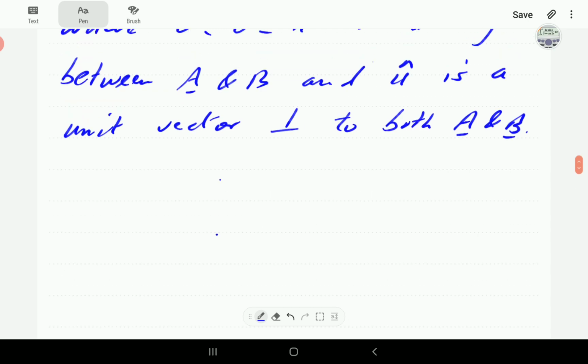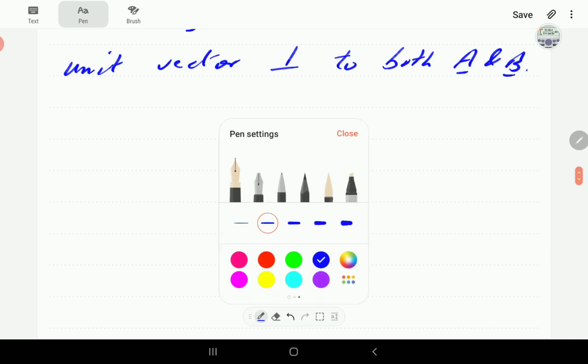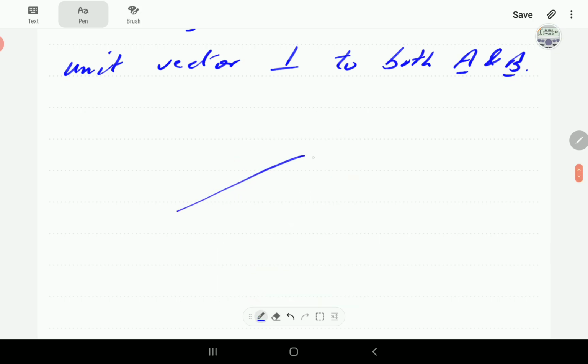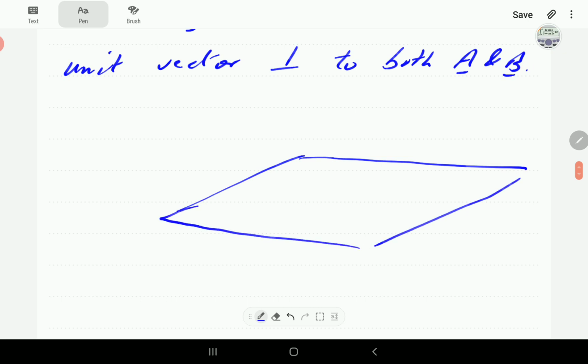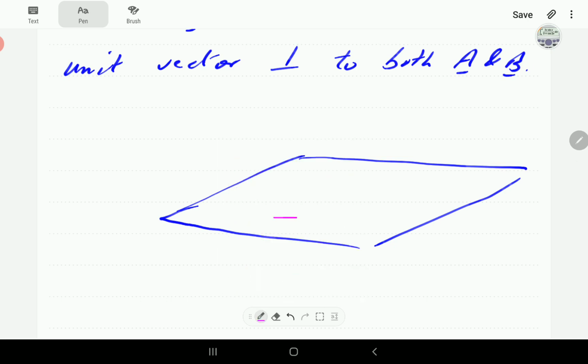A cross product is going to give us a vector perpendicular to both a and b. Suppose a and b are in this plane. Imagine that this is the vector a, and this is vector b, they are both in this plane.